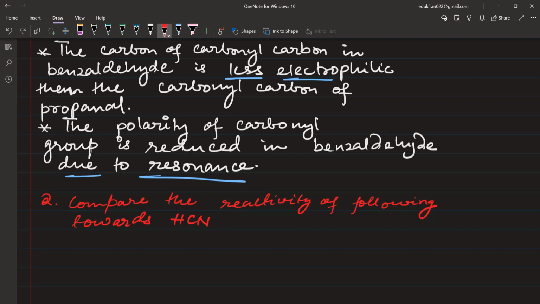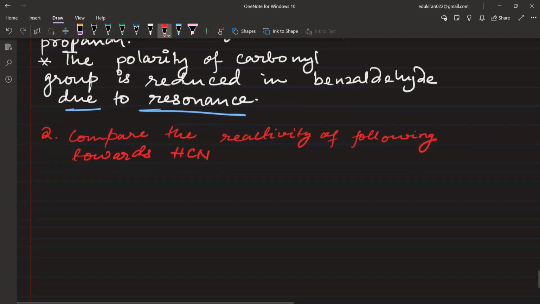They will give you a reagent like HCN, sodium sulfite, alcohol, or ammonia or ammonia derivatives, and ask you to compare. But you have to understand that all of these reactions are nucleophilic addition reactions. So our conclusion from above, that aldehydes are most reactive, then ketones, and among aldehydes, aliphatic aldehydes are more reactive than benzaldehyde, is also applicable in the HCN reaction or reaction with alcohol or ammonia, because all of those are nucleophilic addition reactions only.